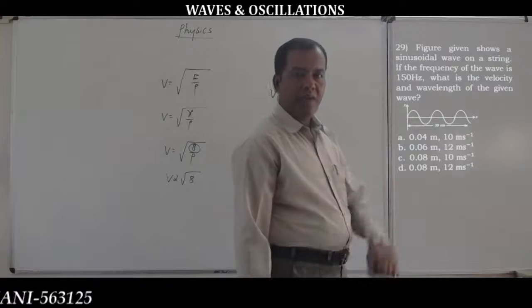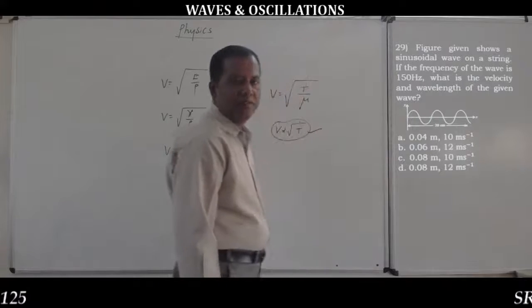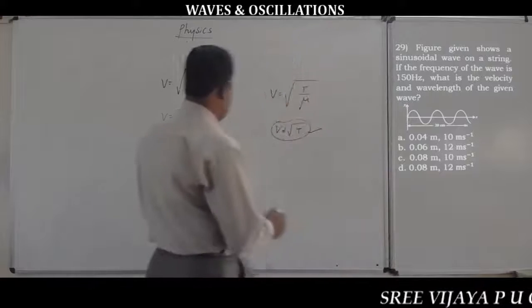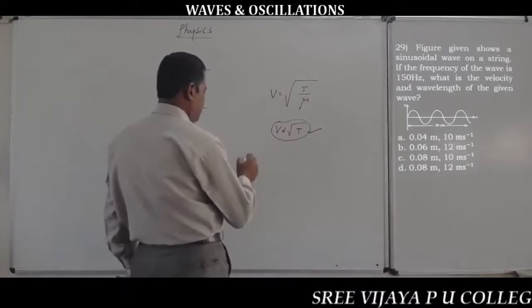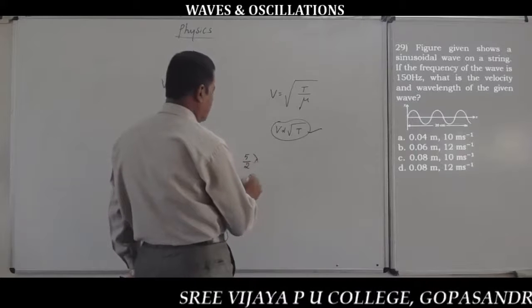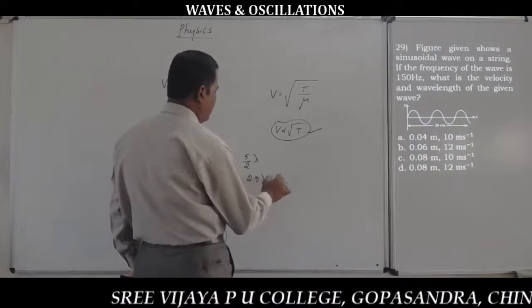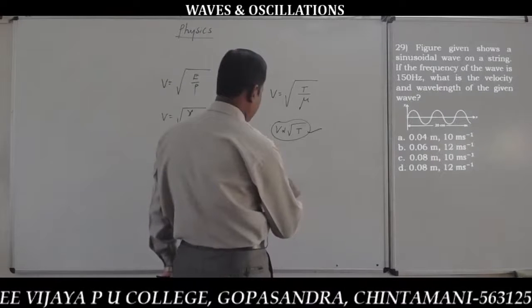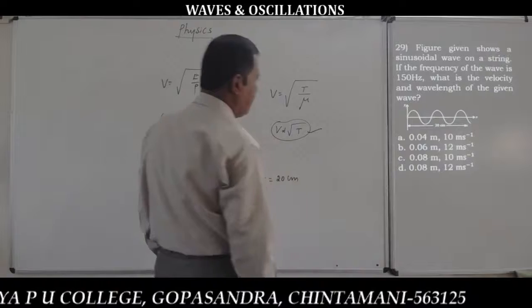The length of a single wave can be taken as the wavelength. Since you have 2.5 waves, you will have 5 by 2 lambda, or 2.5 lambda, equal to 20 centimeter.